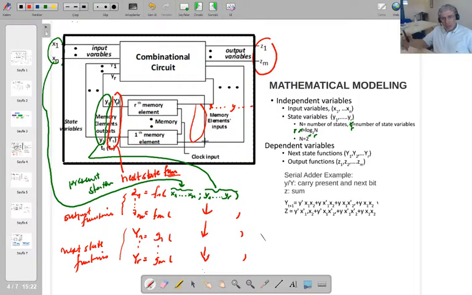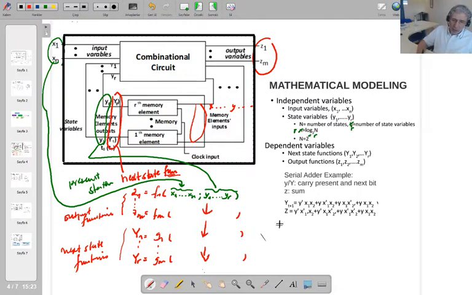So if we apply this to a full adder, we can write these output functions and the next state functions for this full adder. The full adder, you see, is the simplest serial adder.